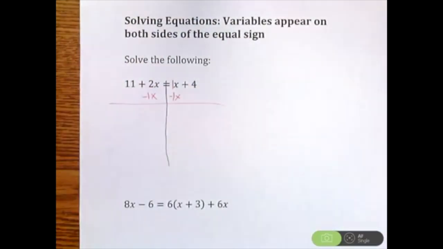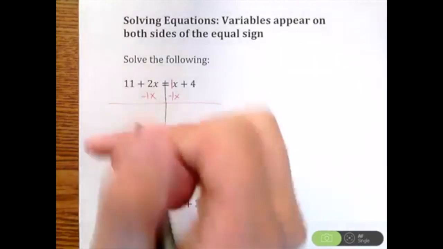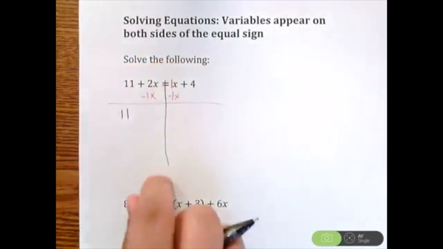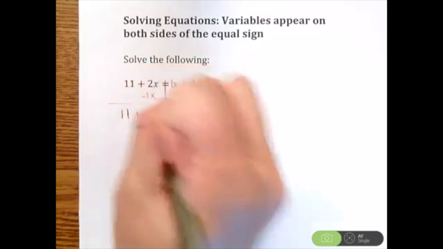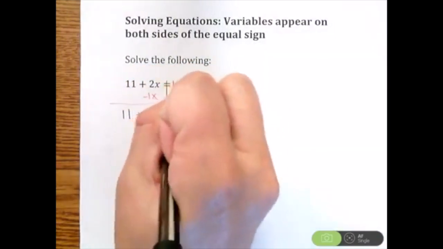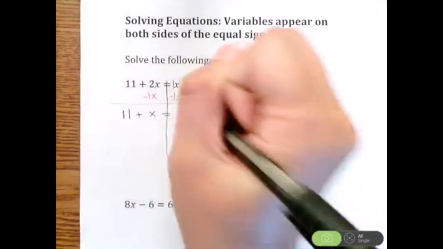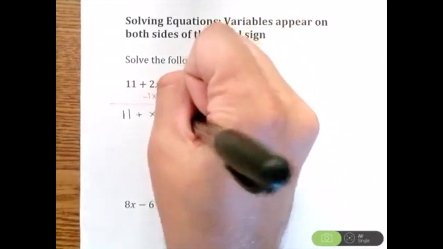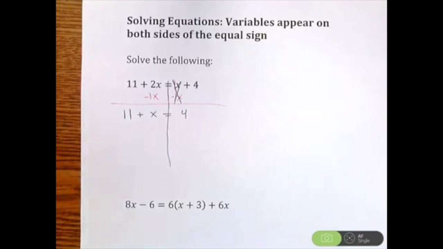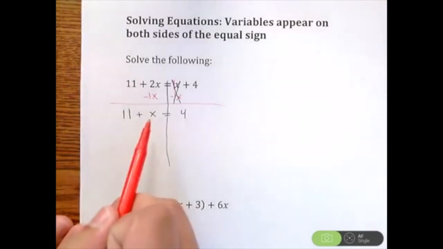So we're going to get these x's together. I didn't touch the 11, so that stays the same. 2x minus 1x is just x. And on the right side, when you have a 1x minus a 1x, those are going to cancel and they're gone. And I have a 4. The only thing to do there is just like we've been doing in my previous videos on solving, just get x by itself.